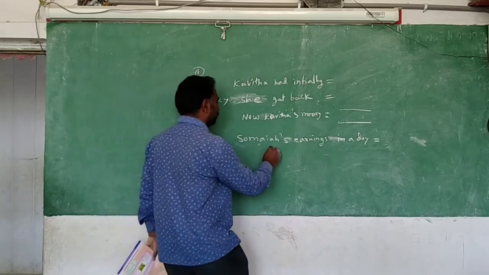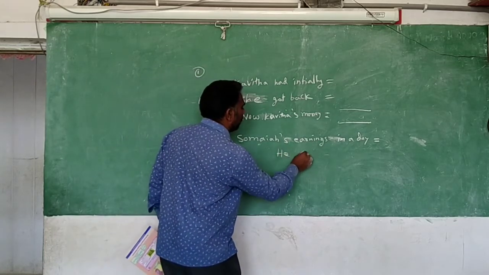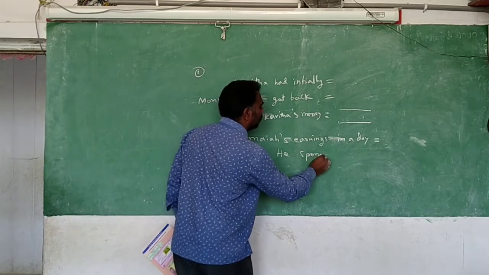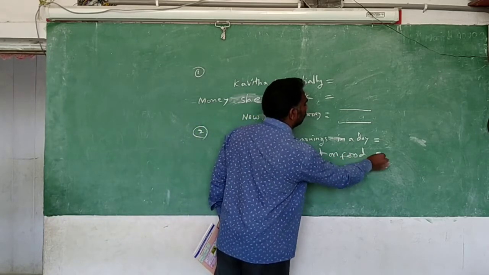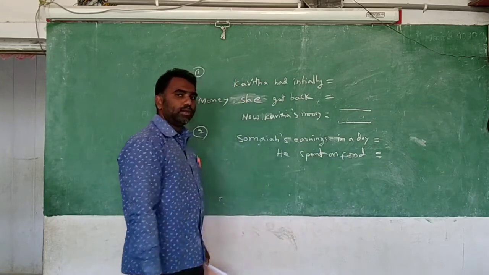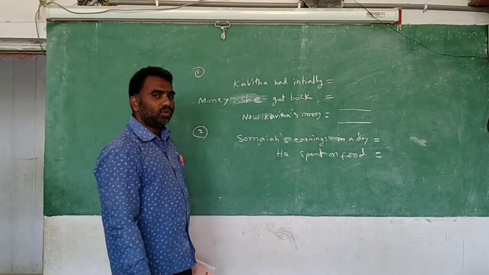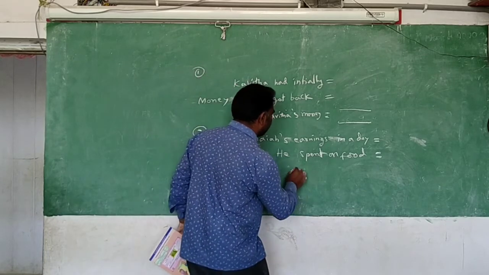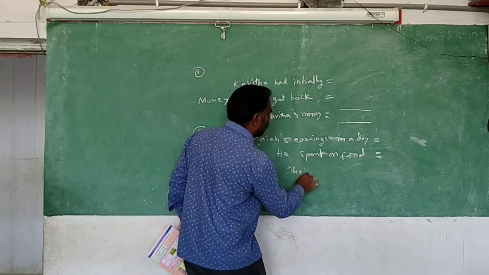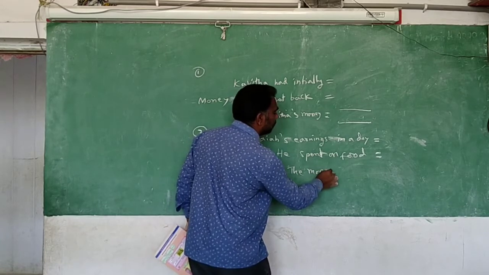Then next, he spent on food. For food, how much money did he spend? That also you write it. So how much money did he spend on the food? Yes, 67 rupees. Now finally, what is asked here? The money left with him.